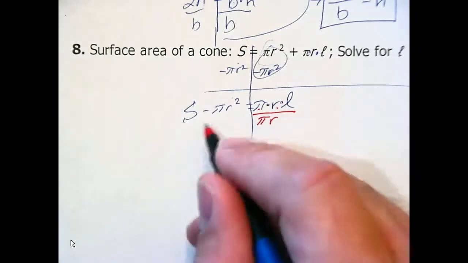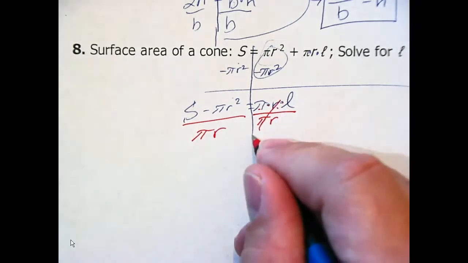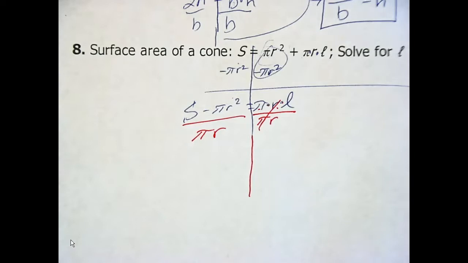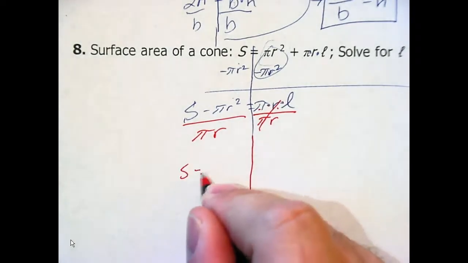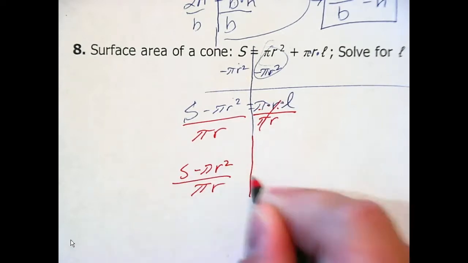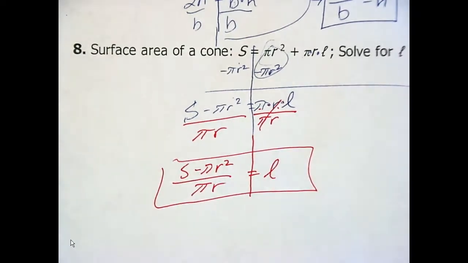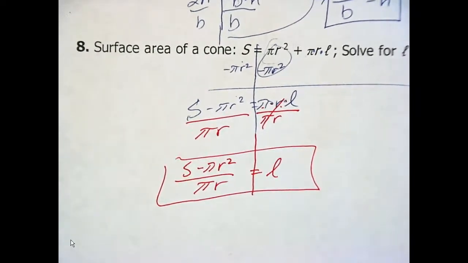So, we're going to divide by pi and r, and we're going to divide by pi and r here. So L equals S minus pi r squared over pi r. There we got it.